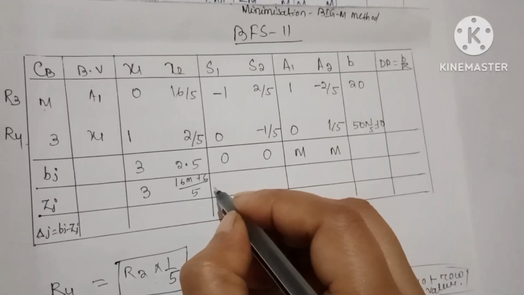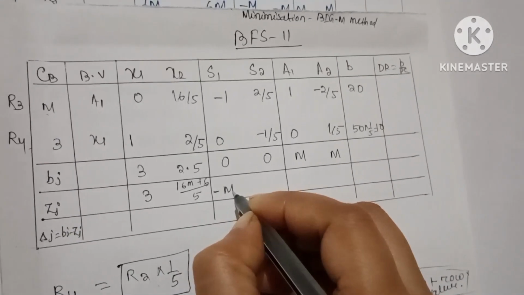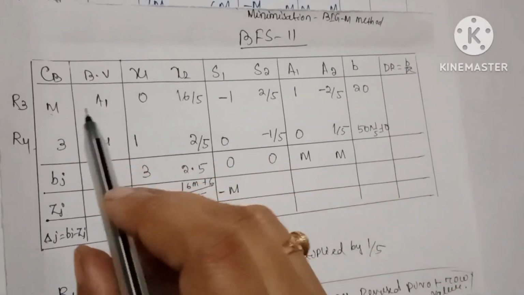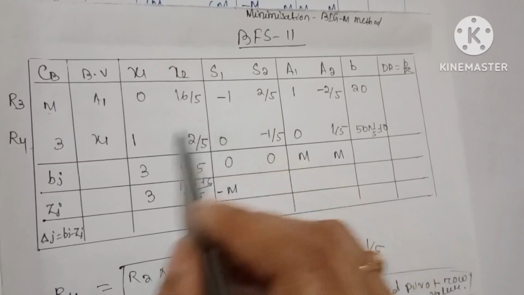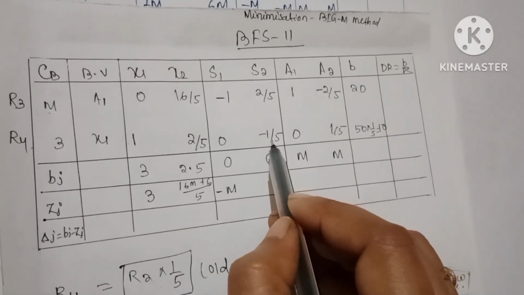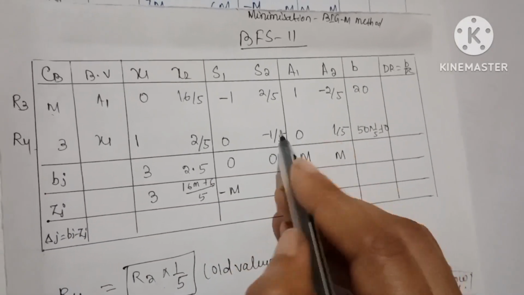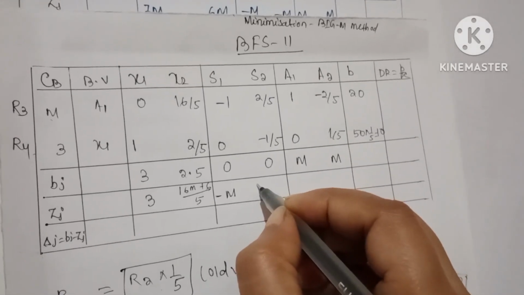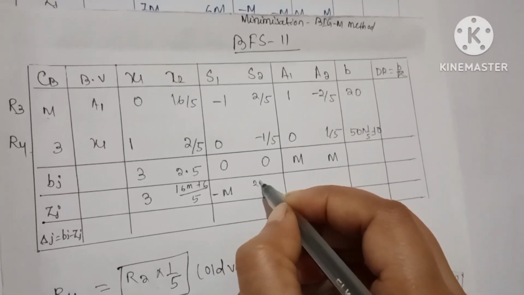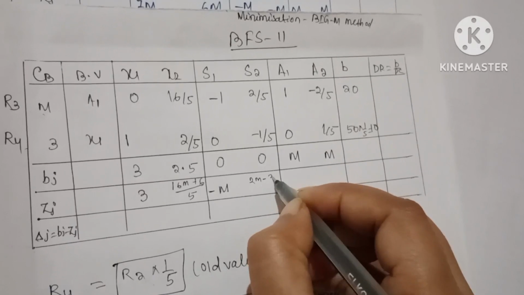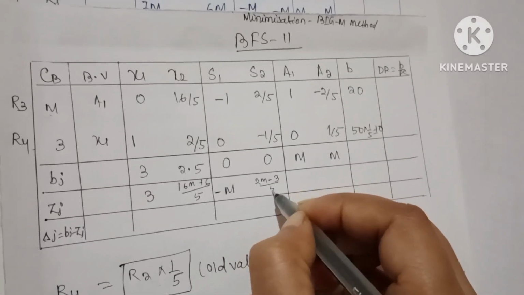Okay, so this equals minus m. And z4 equals m into 2 by 5 plus 3 into minus 1 by 5, so this equals 2m minus 3 by 5.